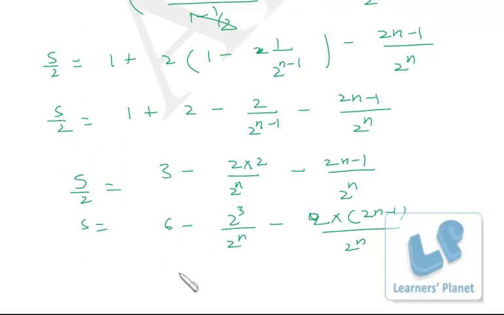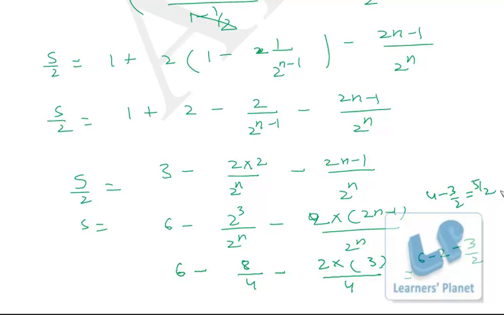Okay, so it is 6 minus 8 upon 4 minus 2 into 2, 2 2s are 4, minus 1, 3 by 4. Okay, so it is 6 minus 2 minus 3 by 2. So 6 minus 2 is 4, 4 minus 3 by 2, 4 2s are 8 minus 3, that is 5 by 2.